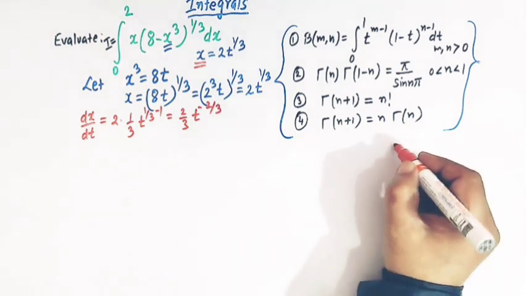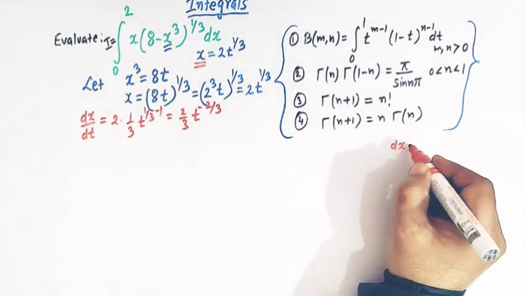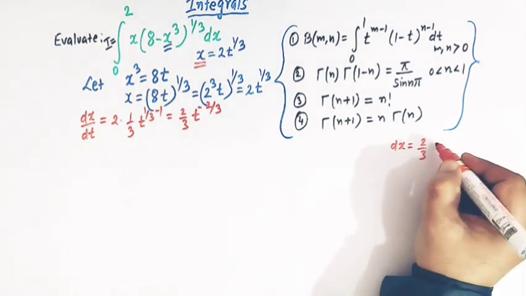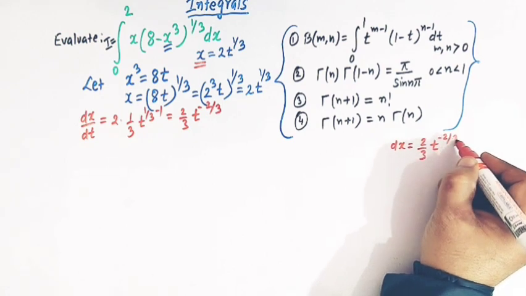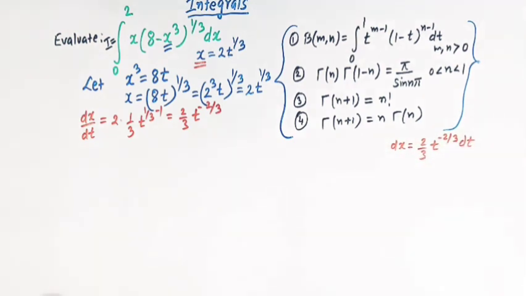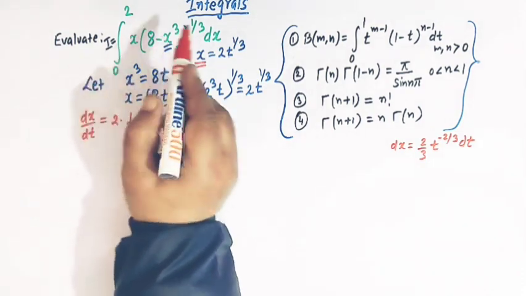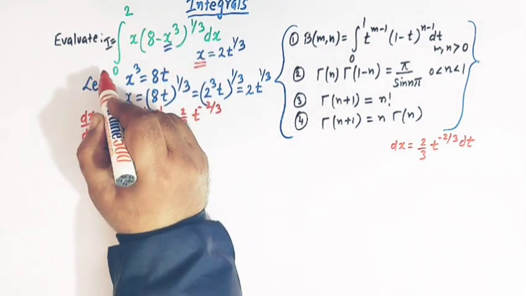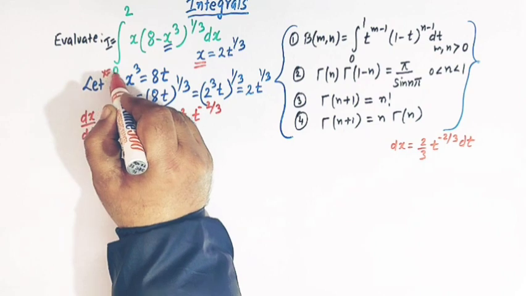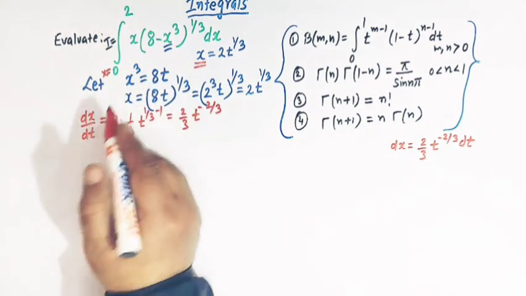So now we can write dx is equal to 2 by 3 t raised to minus 2 by 3 dt.